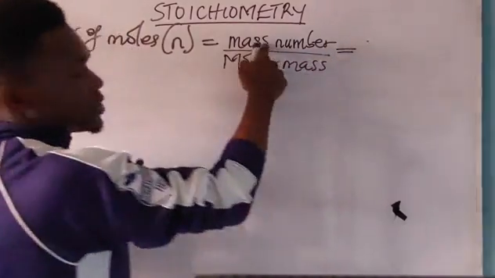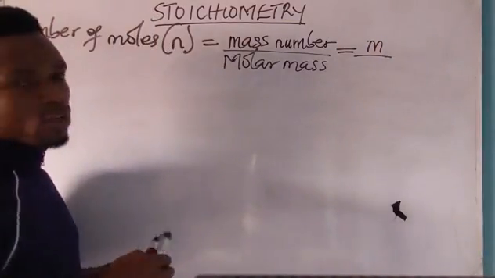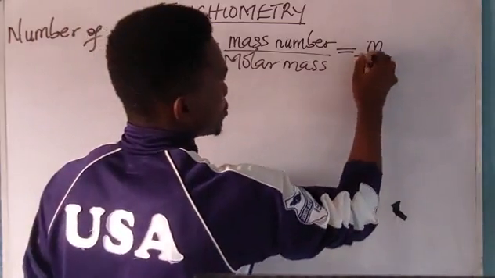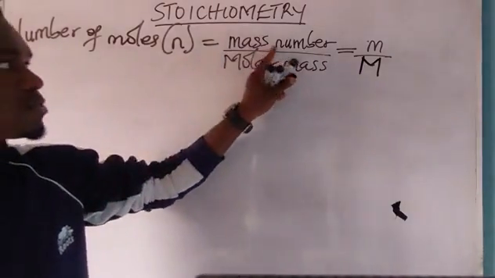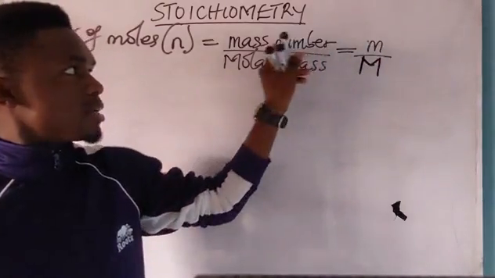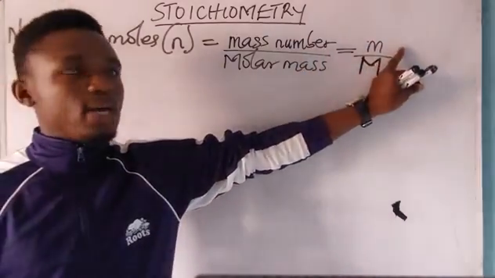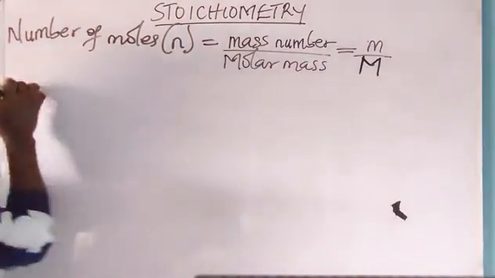Mass number is denoted as small letter m, and the molar mass is denoted using capital letter M. The number of moles is given as mass number over molar mass. That is the first one.